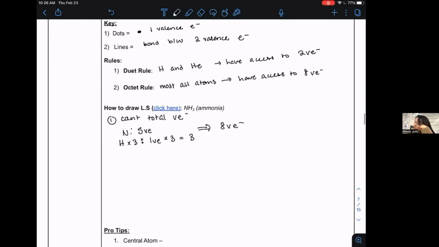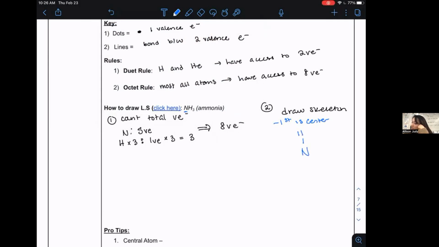Okay, so step 2, draw the skeleton is what we call it, the basic bare minimum bonding. Like, how do these connect at the very least? They have to all be connected somehow if they're in a bond. So we typically put the first element in the center, and everything around it is like spokes on a wheel, okay? So nitrogen's the first element, so I'm going to put nitrogen in the center.